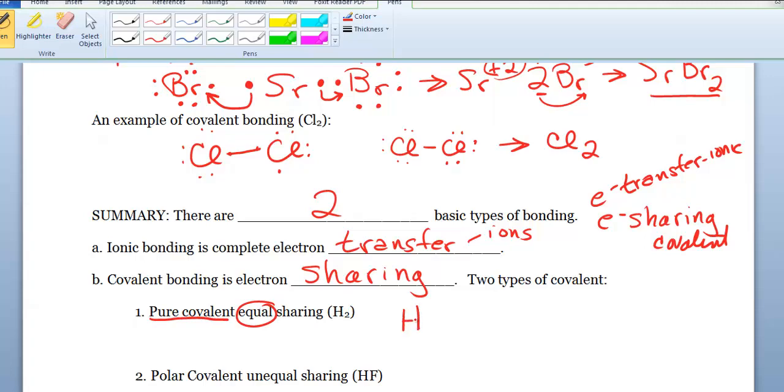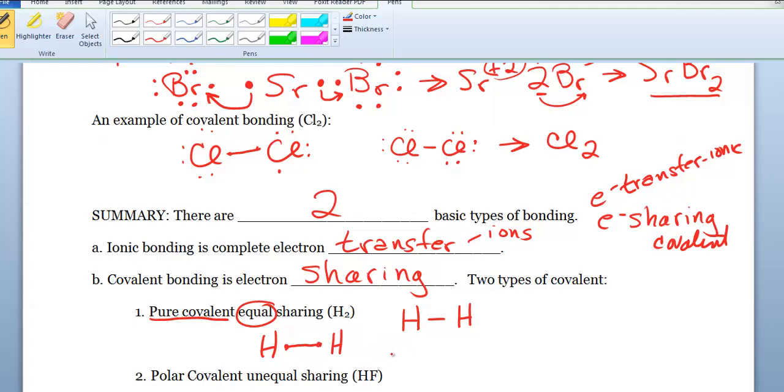So when you have two atoms that are identical to each other, and here's an interesting thing, hydrogen has one electron as a valence electron. It only has one electron. So when it shares with another hydrogen, it actually achieves a noble gas configuration.